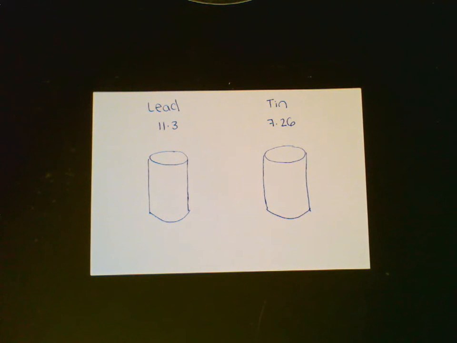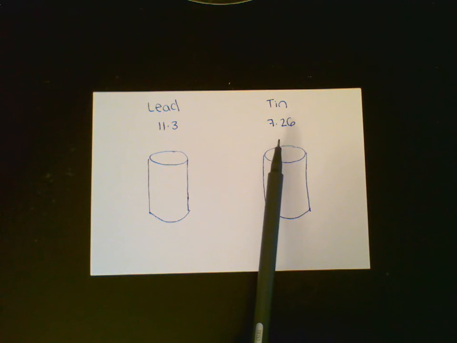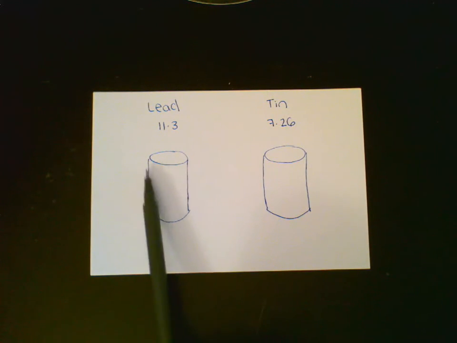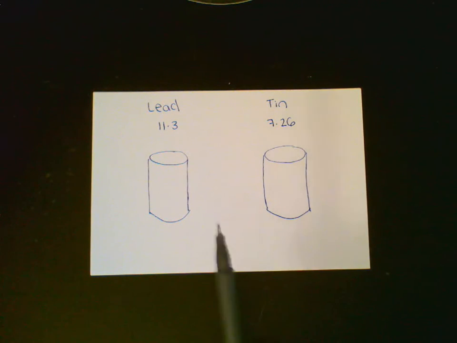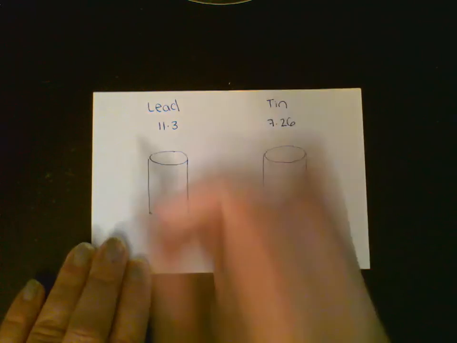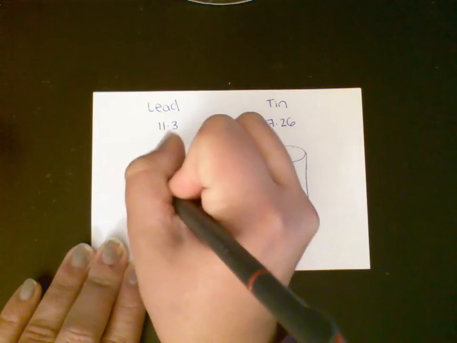Okay, so when we're looking at this problem, we know that lead is much more dense than tin, which means that we're going to need to fit a lot more particles in this space than we are in this space. So when we draw lead, we want these particles to be very, very close together.